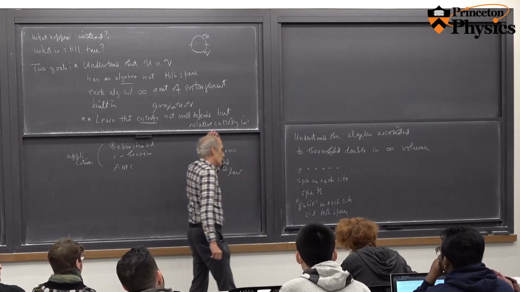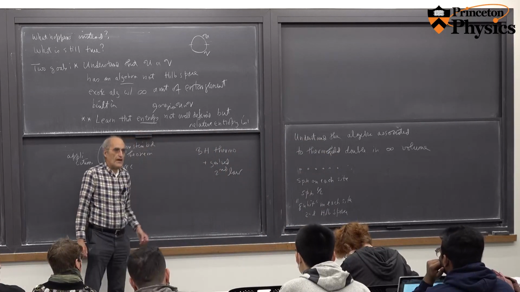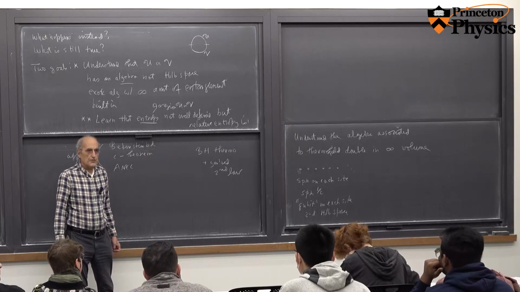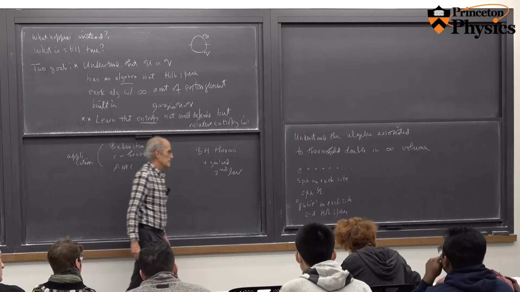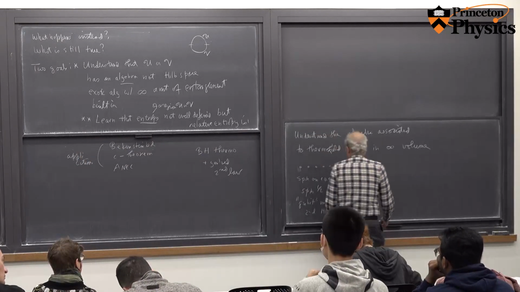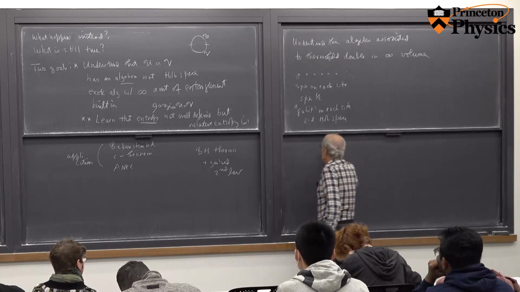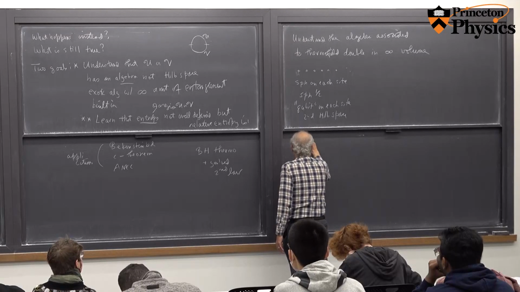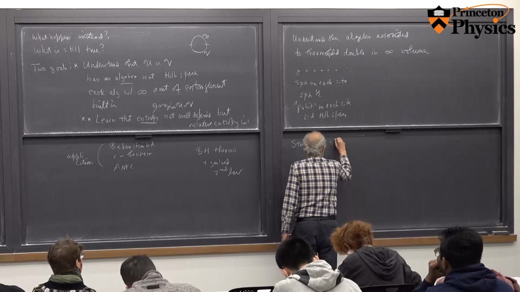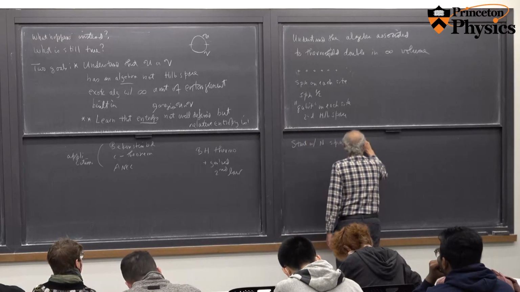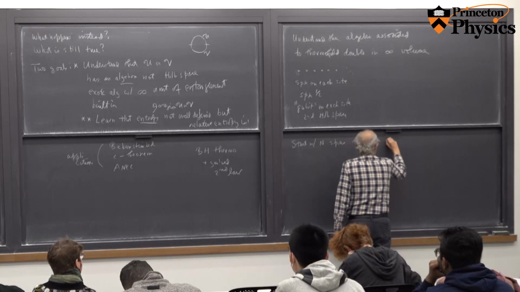And then we take the thermal field double, which means that this system is entangled with another system at some inverse temperature, beta. We start with n spins, and then we'll take n to infinity.